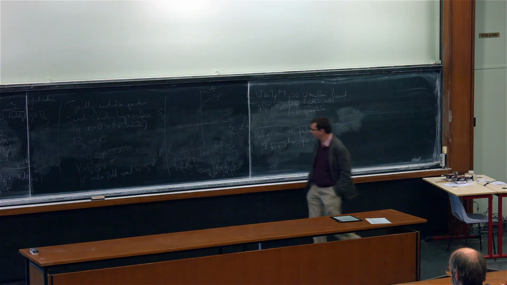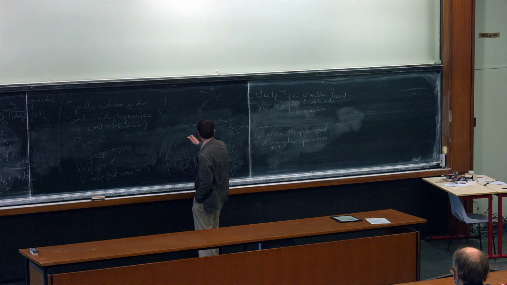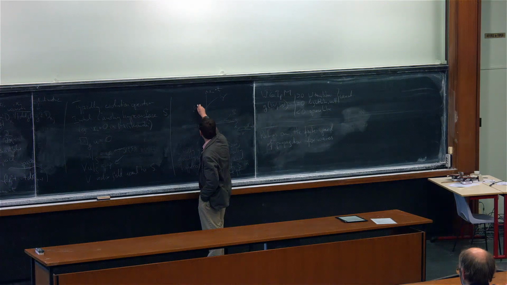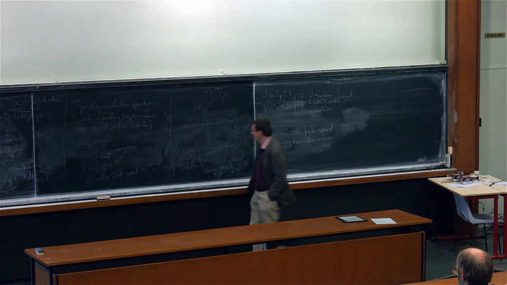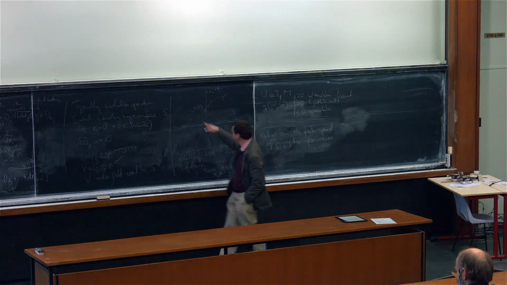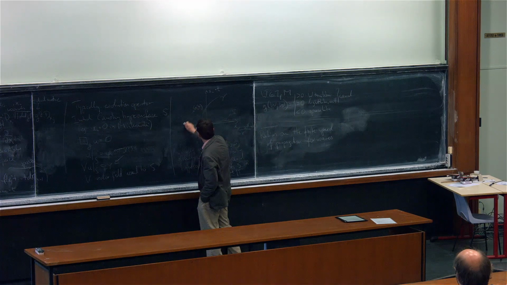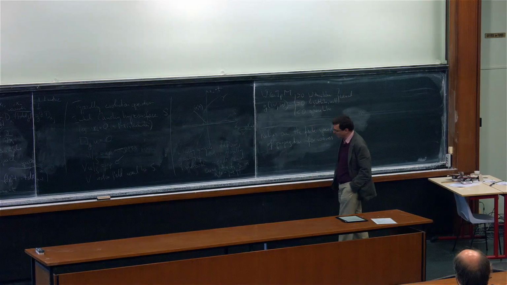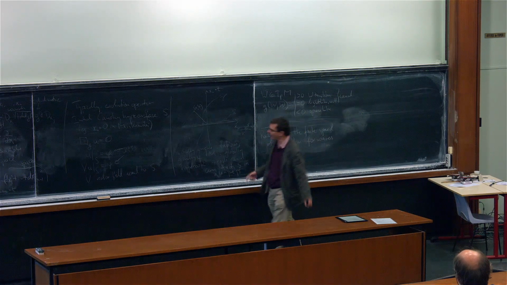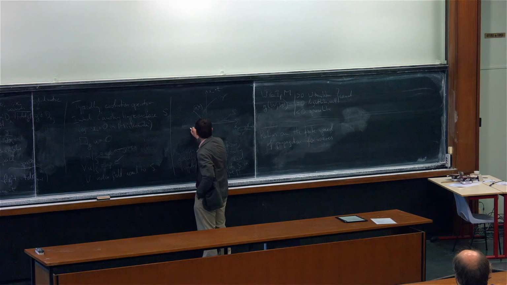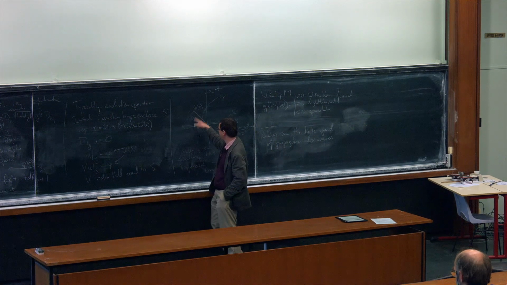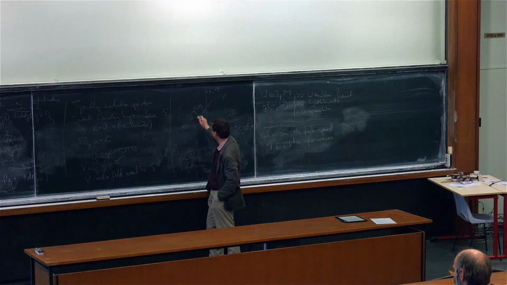So what this says is that if I take a point here, so this is my point, let me write it as (x prime, t), and you want to understand what the solution is at this point, you just have to take the backward light cone from this point. So just go backward along light rays, and the initial data here, that's D, the domain of dependence of (x prime, t).